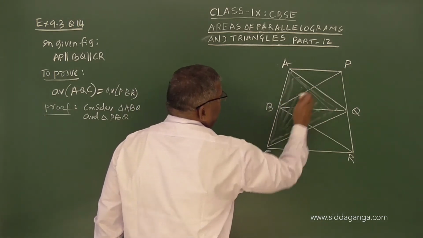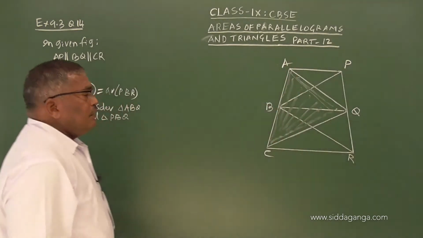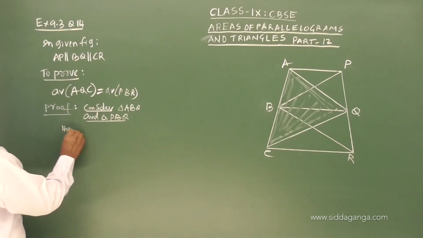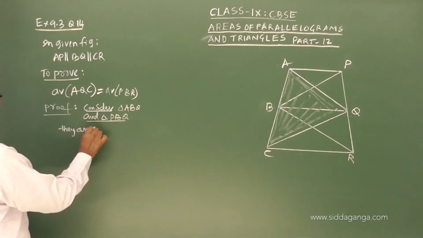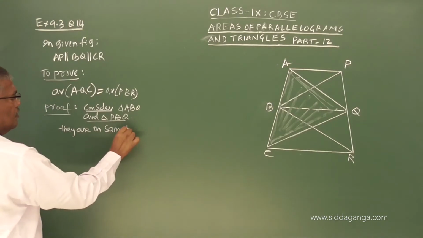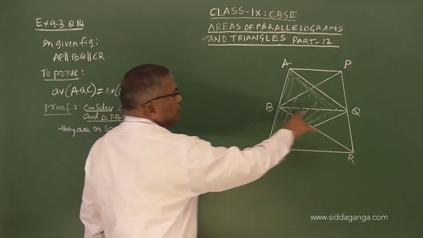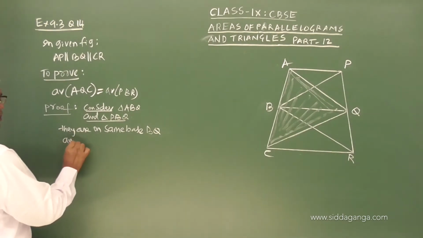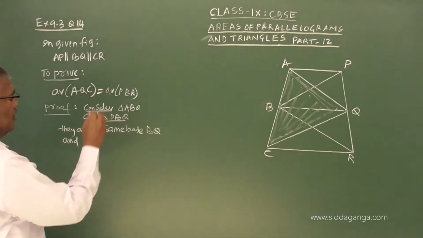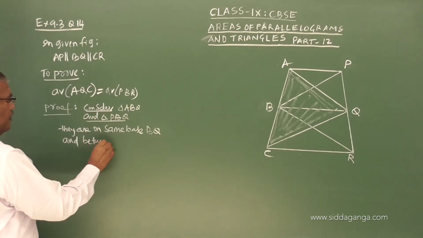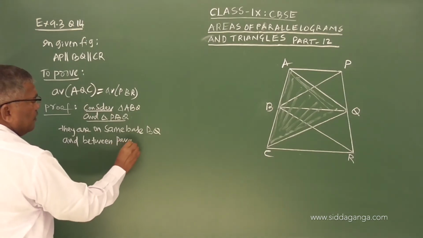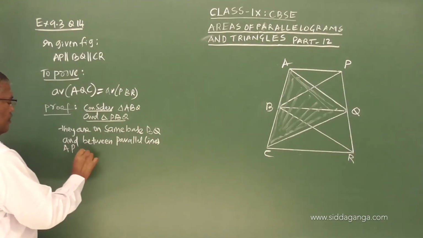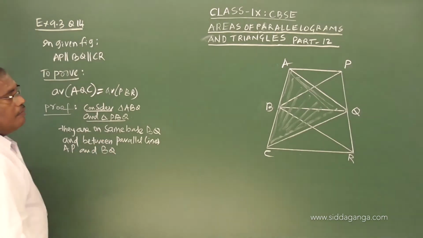So these two triangles, this one and this one, are on the same base BQ, and between parallel lines AP and BQ.